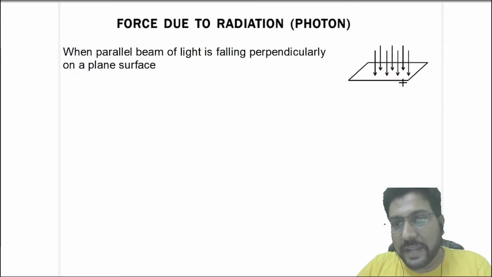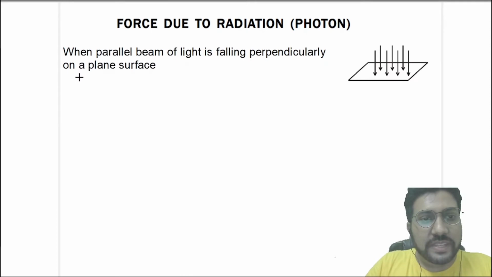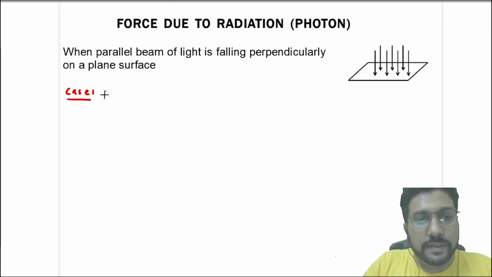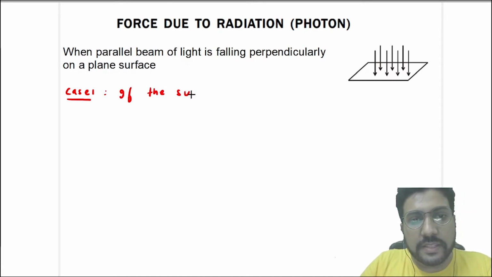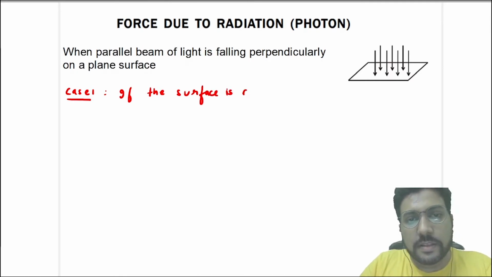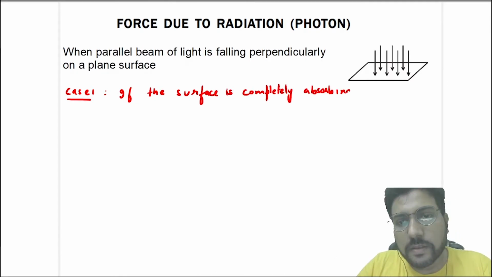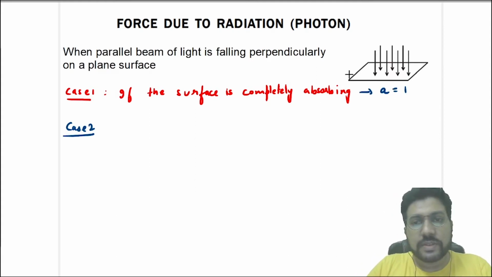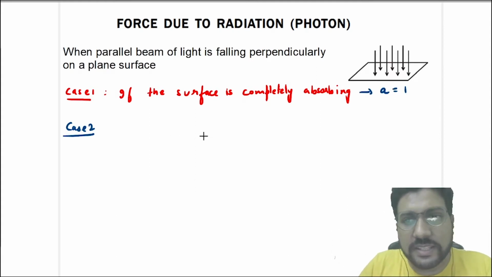So this is a plane surface and a parallel beam of light is falling on the plane surface. Okay, so here we will divide it into 2 or 3 cases. Case 1, if the surface is completely absorbing, that means absorptive coefficient is 1, so it means it is absorbing all the radiation that is falling on it.